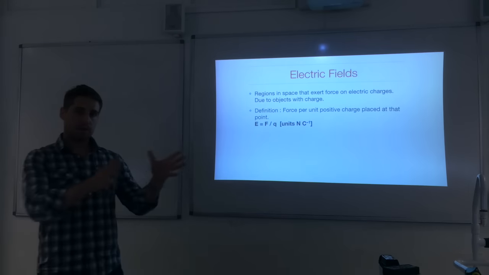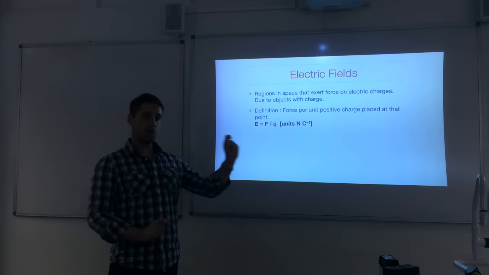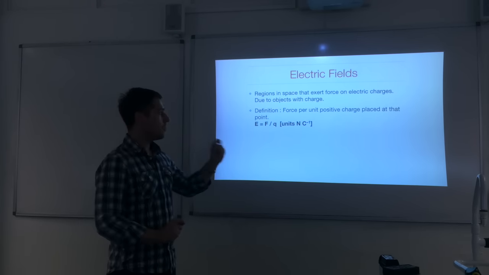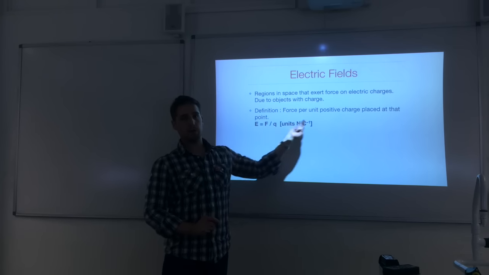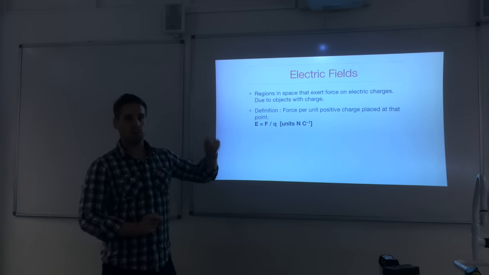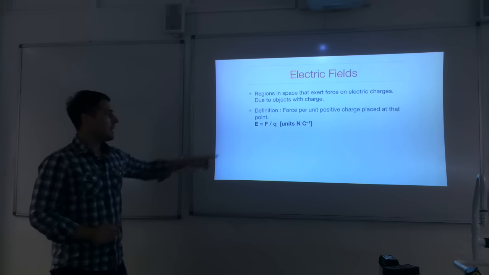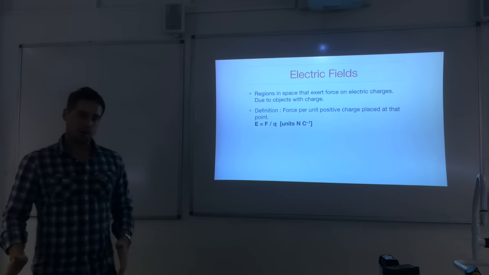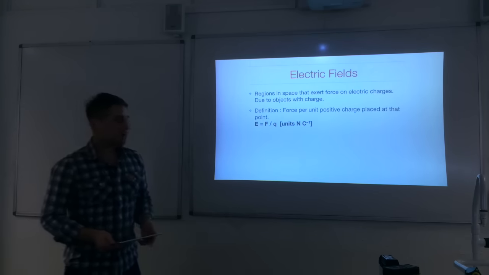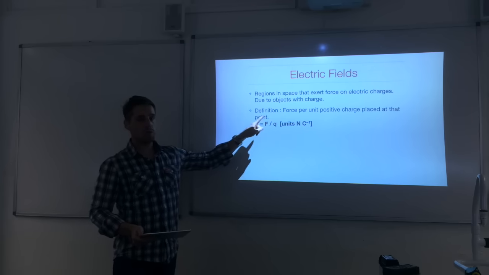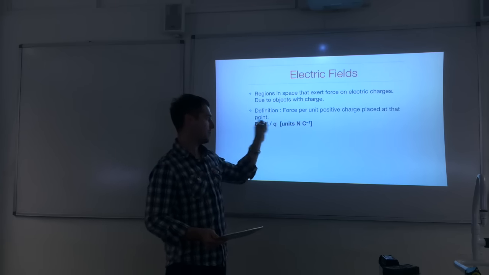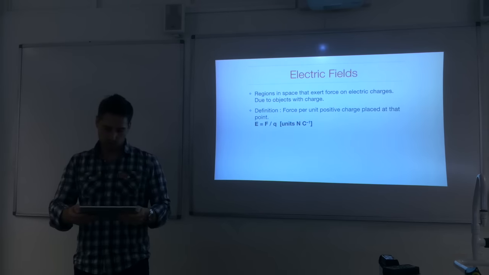So you have the electric field. If you were to put a unit positive charge in there, what force would it experience? So we're dividing that force by the unit charge. The equation then is E is equal to, so E being the electric field strength is F over Q, Q indicating the charge that you put in there, and the units are newtons per coulomb.